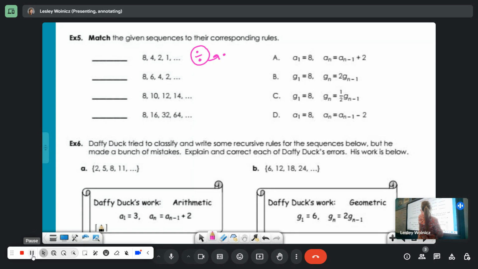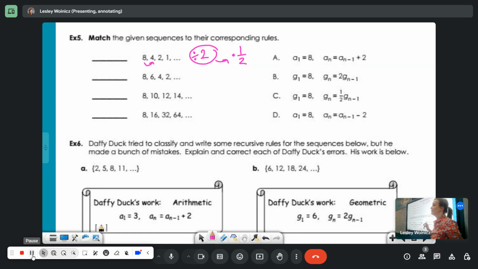What is dividing by 2? It's not times negative 2. We're changing it into multiplying by a half. So you have to figure out what the rule is, and then match it up to its letter. What do we put on the line? The letter.